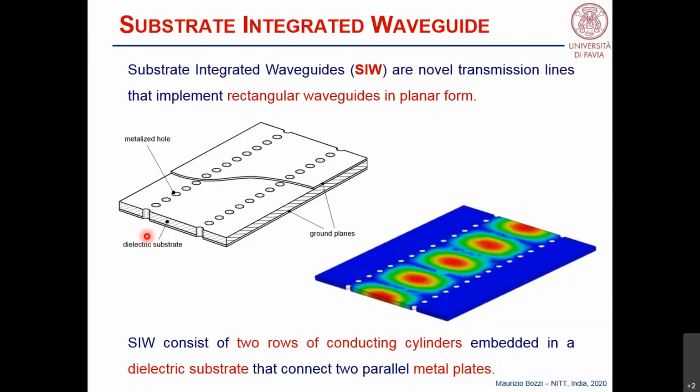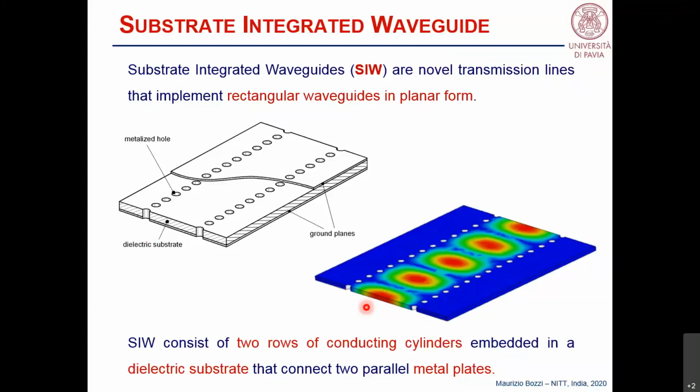If you analyze this structure a bit more in detail, you see that also the propagation of electromagnetic waves inside this structure is very similar to that of the rectangular waveguide. This is the analysis of the fundamental mode that propagates in this structure, and you see that it looks like the TE10 mode of a rectangular waveguide.